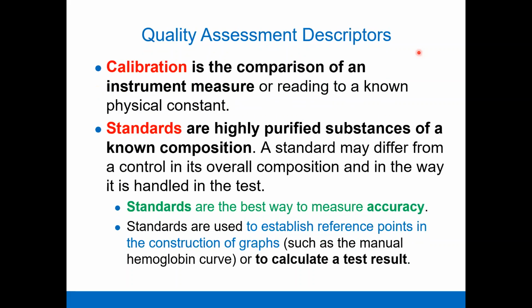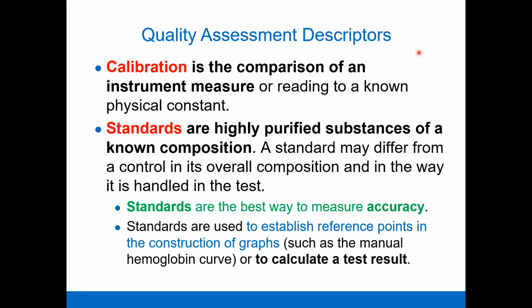calibrator is another kind of the samples that we are using. Calibration is the comparison of an instrument measure or reading to a known physical constant. Okay, standards are highly purified substances of a known composition.